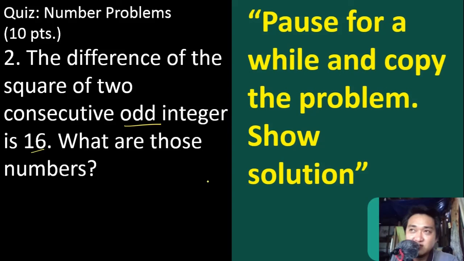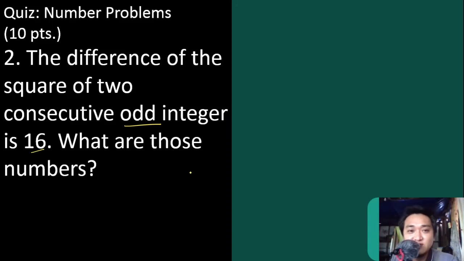You are going to find the two consecutive odd integers in such a manner that the difference of their squares is 16. So find the two consecutive odd integers, given that the difference of their squares is 16.